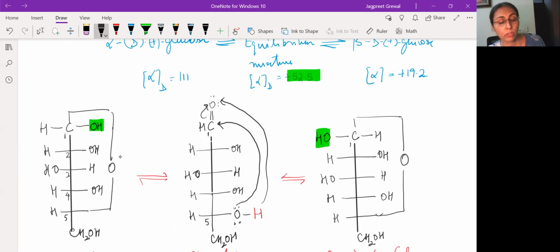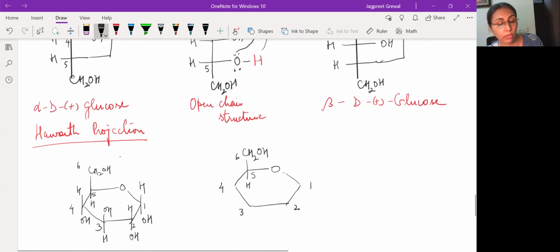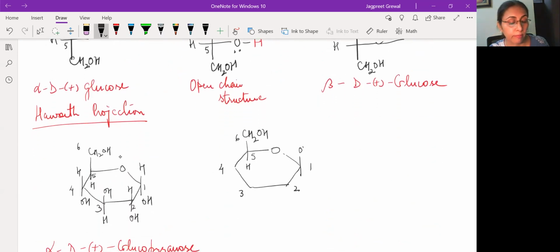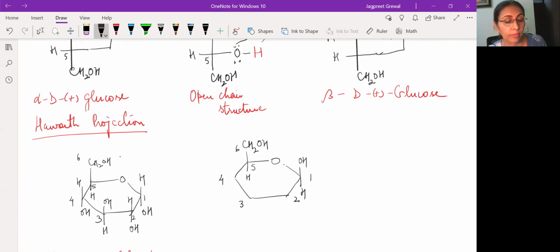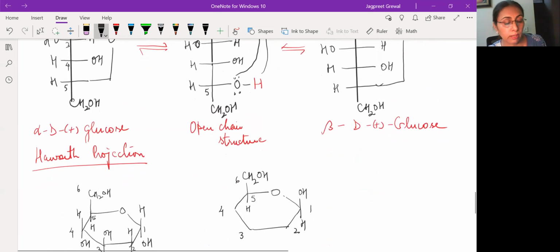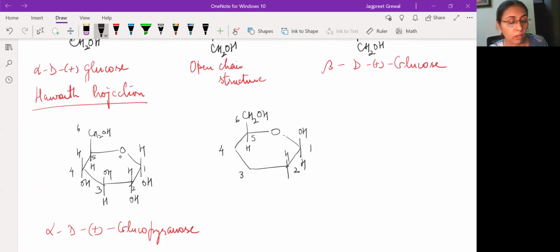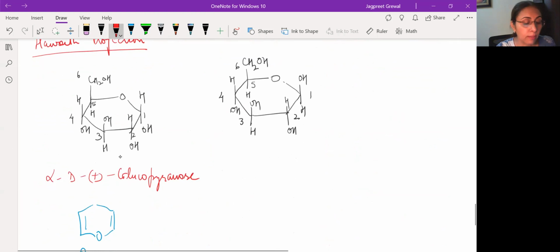In this case, the OH is present on the left hand side, so I have to draw it above the ring. Right side below the ring, left side above the ring. The difference will be, this is H, second carbon, OH. The rest of the groups have the same arrangement. So this is beta D positive glucopyranose.